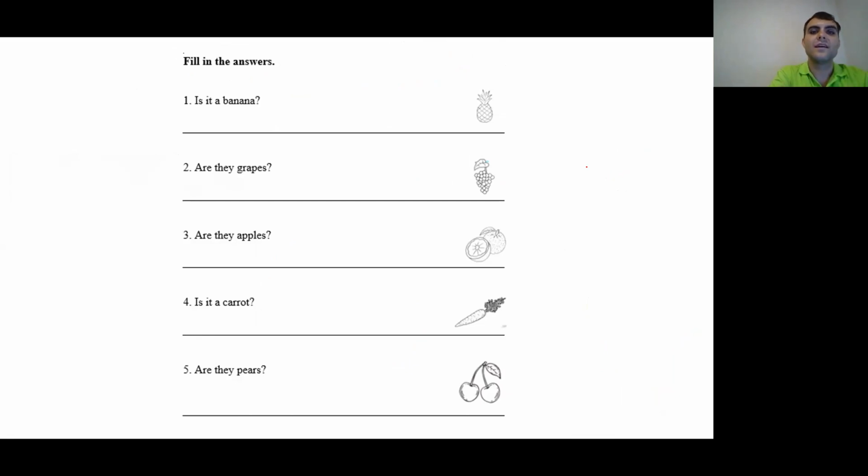So, is it a banana? No, it isn't. So make sure you spell everything right. And that's what you do for the first 5 options, okay?